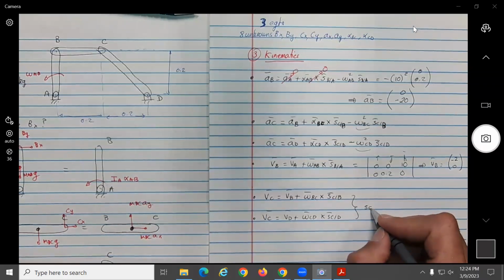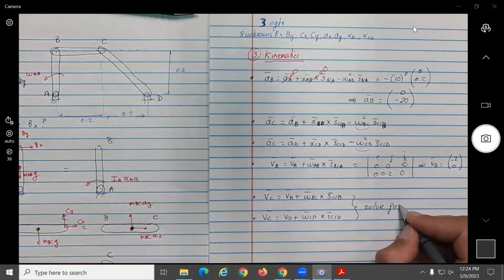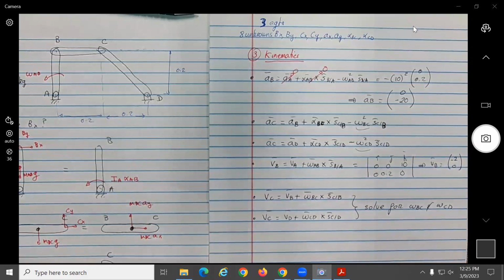You take these two equations and you solve for what? Omega BC and omega CD.